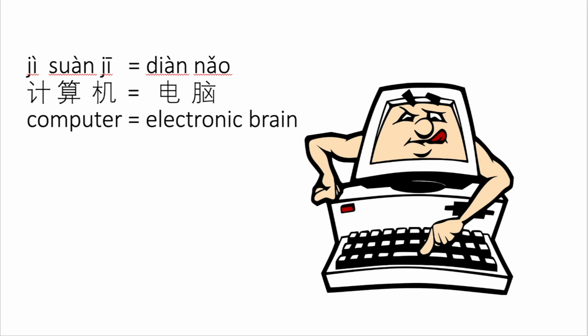However, in our daily lives, usually we call it 电脑. 电脑 is more commonly used term for a computer in our daily lives, but it's not the actual term in the actual book. So again, to say computer, we can either call it 计算机 or 电脑.